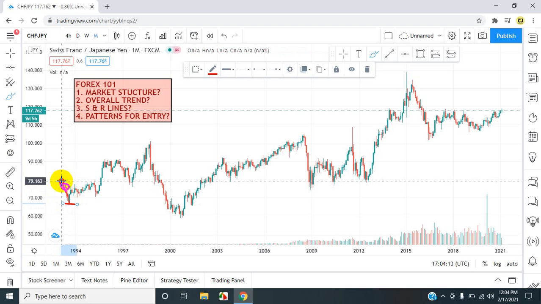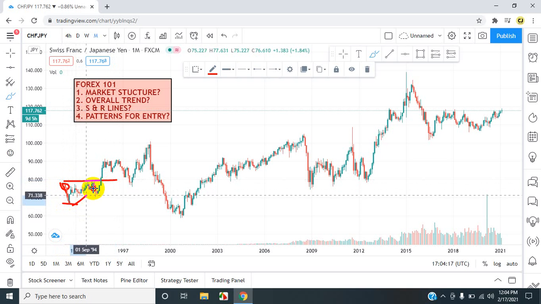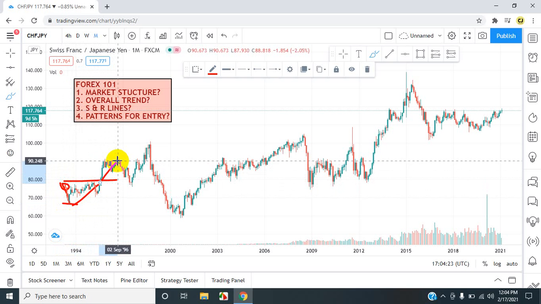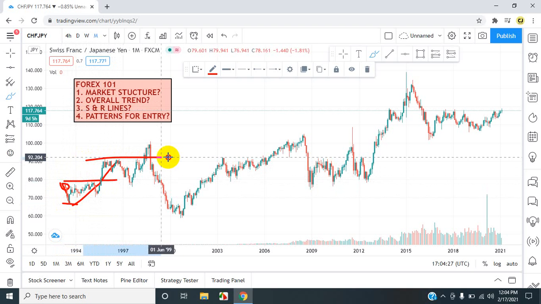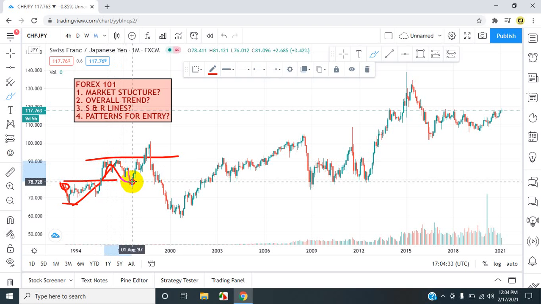It started off with an area of resistance. From there, the market pushed up and created new areas of higher highs. It had a second push up, broke through the areas of resistance, and created a new area of resistance here. From there, the market basically consolidated, went down, and reached an area of support.